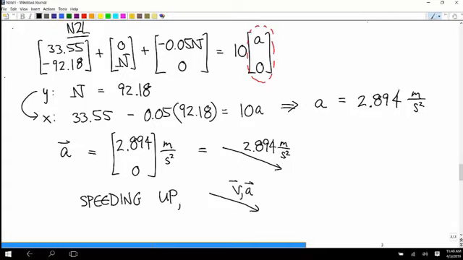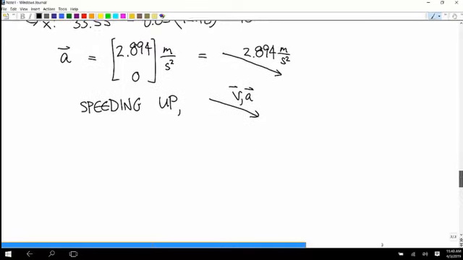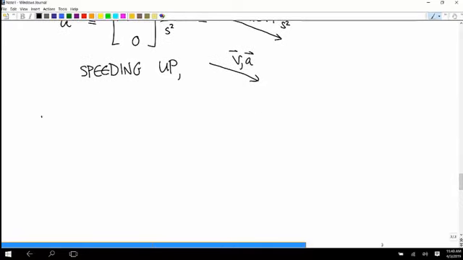Okay, so now we're going to do the same configuration, but now this block is sliding up and gravity's slowing it down. So what's going to happen here? Free body diagram.